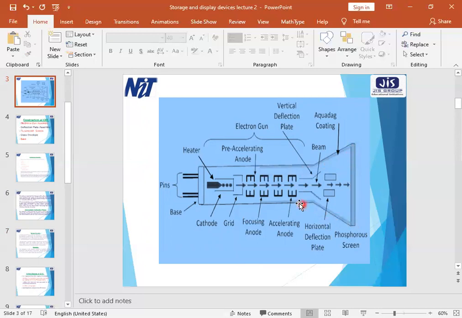This layer is used to collect the secondary electrons, that means those electrons which are anyhow deflected. So it collects them. And a major portion of the aquadag is there, in which the visual effect is seen.